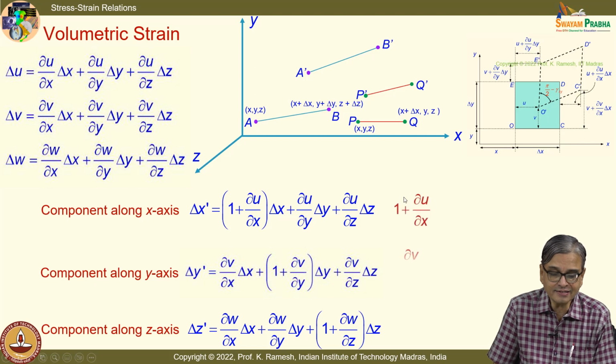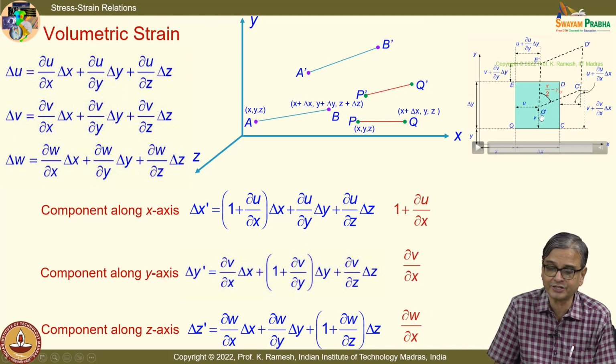And I get this as 1 plus dou u by dou x as the x component, the y component is dou v by dou x, and the z component is dou w by dou x. This is what you have seen here. Here we have taken the 2-dimensional situation.